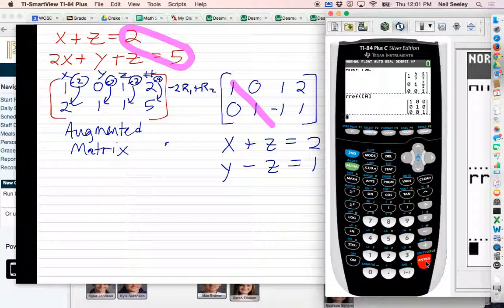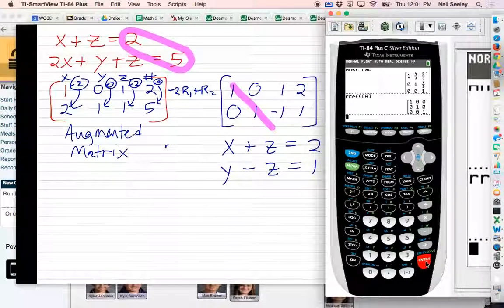I did one row operation, got zeros in the corner, and rewrote it in equation form. It used to work if I had what z equaled, and then I could plug it in and get y, and then plug it in and get x. That's why we like that nice diagonal, so that we can plug one into the next and work your way back. Well, now what do we do?